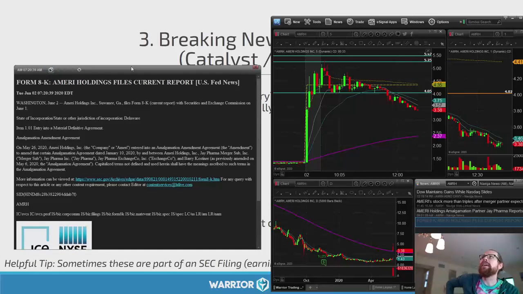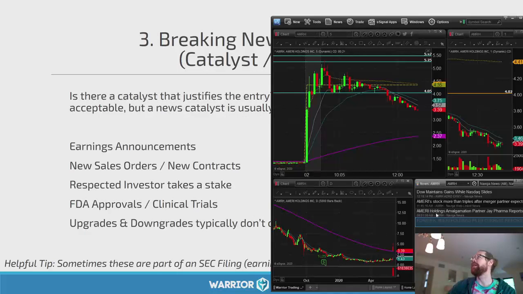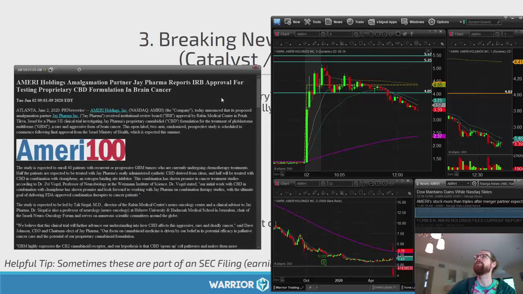So they had news right here, which was an amended agreement, but more specifically, they had this news that they had IRB approval for testing a proprietary CBD formulation in brain cancer. So that was the catalyst that really got this going.